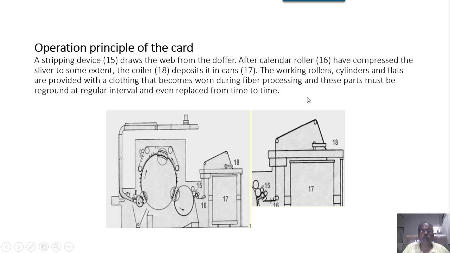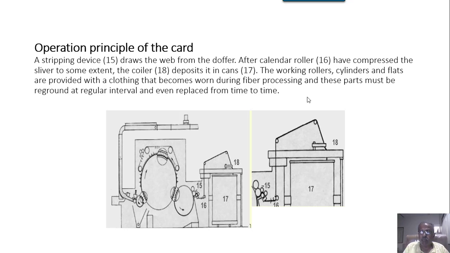I have already shown in one diagram the asymmetric condensation on one side of the carding machine. In front of the doffer, the material will be conveyed through the strips, and then drawn by a roller, and then it will go away.